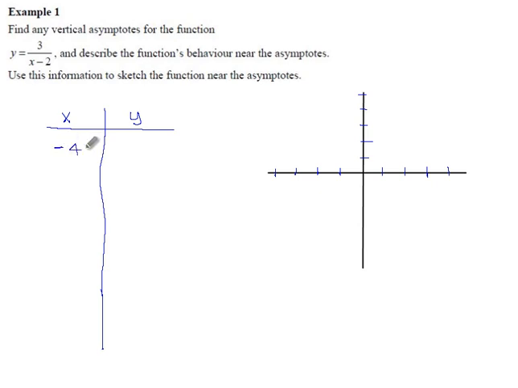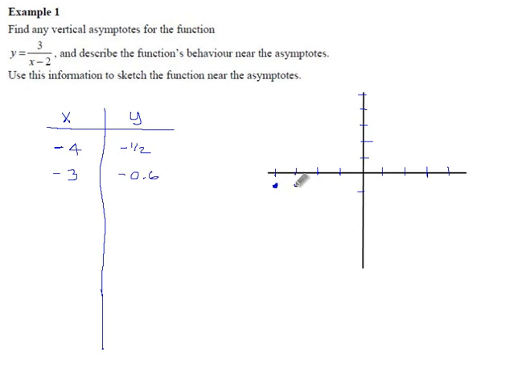If x is negative 4, then our y is 3 over negative 4 minus 2, which is 3 over negative 6, which is minus 1 half. So over at minus 4, if that's minus 1, minus a half is right about there. If x goes to minus 3, we get 3 over negative 5, which is negative 0.6.